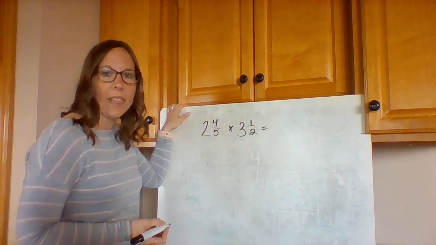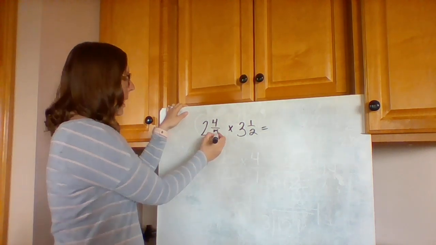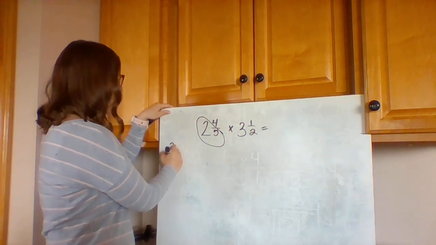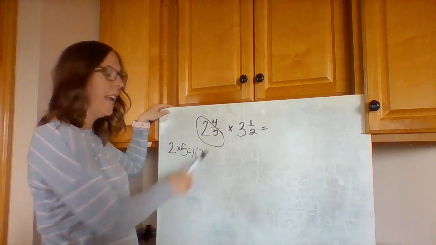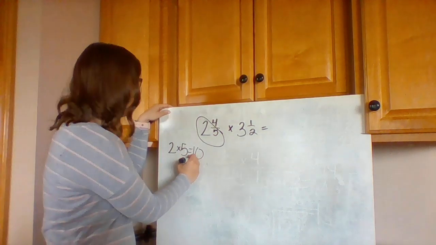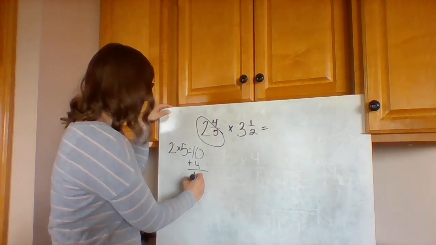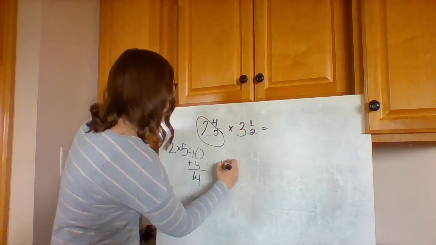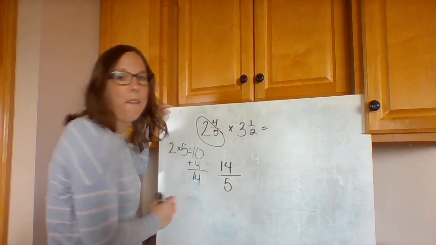We have to figure out what that is. So in order to do so, remember I have to multiply my denominator times my whole number. So I'm going to do 2 times 5 equals 10, and then I have to add my numerator. So I'm going to add 4. Well, 10 plus 4 is 14. So now my new fraction is 14 over 5.